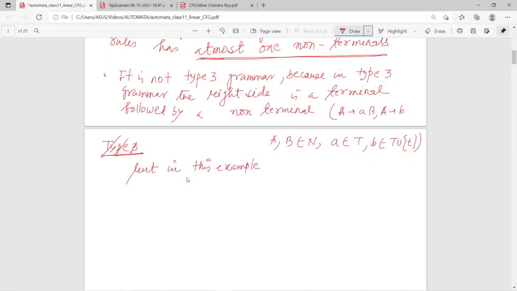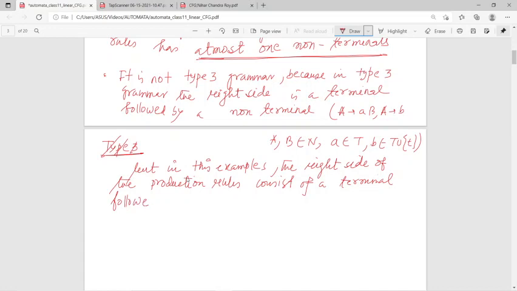But in this example, the right side of the production rules consists of a terminal followed by a non-terminal, then followed by a terminal, and then again followed by a terminal.